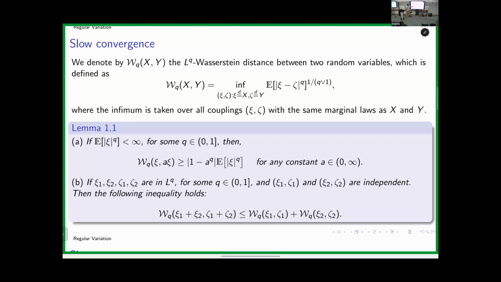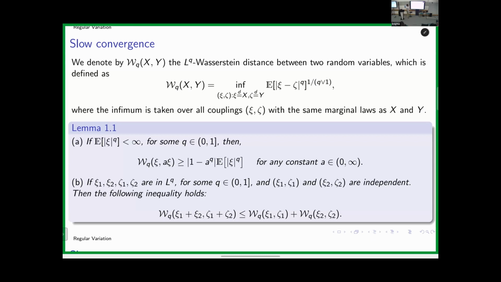The left-hand side is 0, since the distance between a random variable and itself is 0. The right-hand side is 0 as well, since 1 to the q is 1 and the parentheses give 0. So it works.